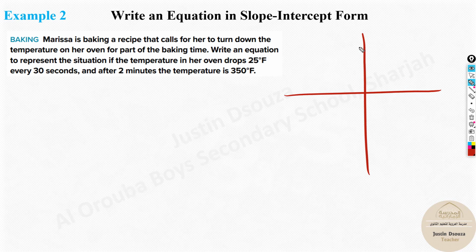That is the answer function. When you read it, you can understand the x value is something like time, as it increases or decreases. The y value is the answer sort of thing. At 2 minutes, the temperature is so much. That is the temperature, that is the y-axis. So let us write y here, x here.